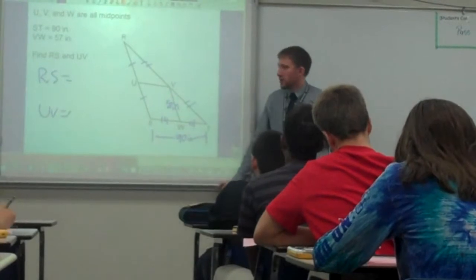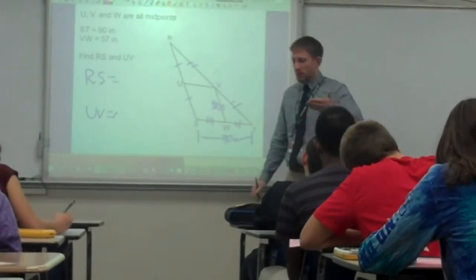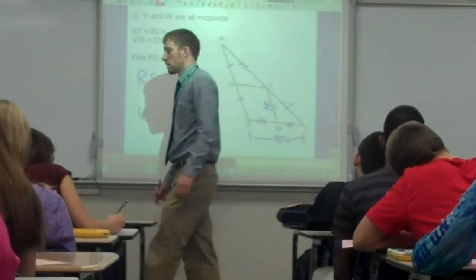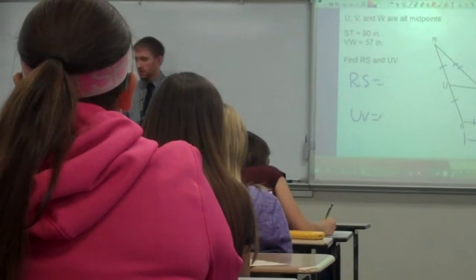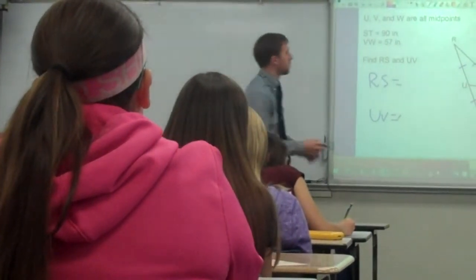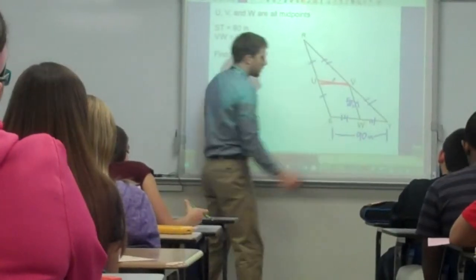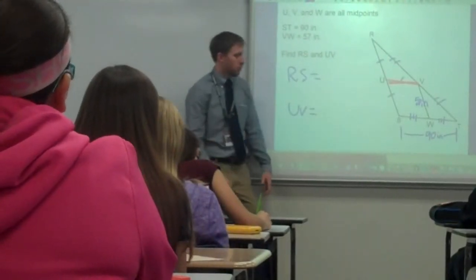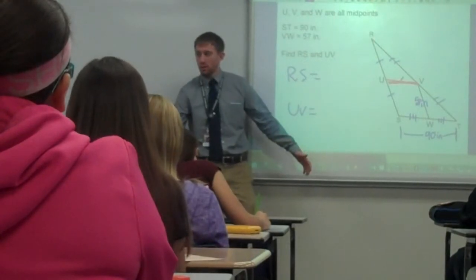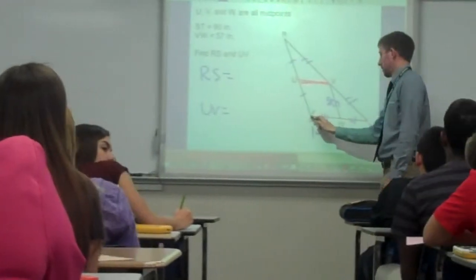What does UV equal? It's a mid-segment. Look back at your mid-segment theorem. What does it say? Half the length of the opposite side. So you pick UV, color that in red. Where's the opposite side? The whole side.